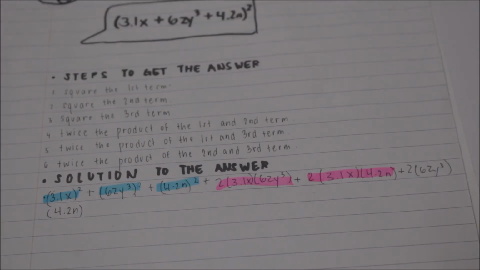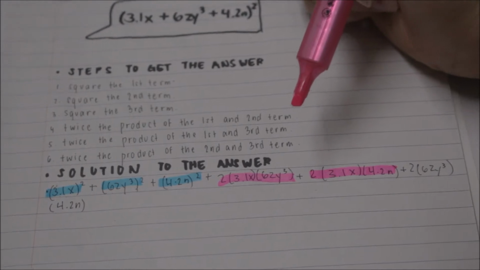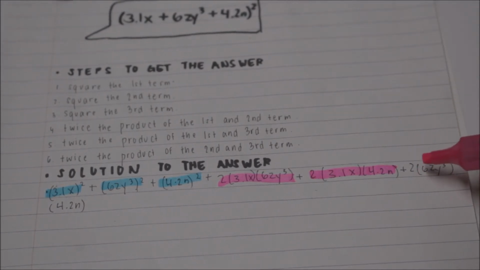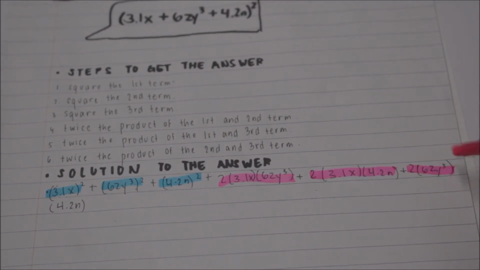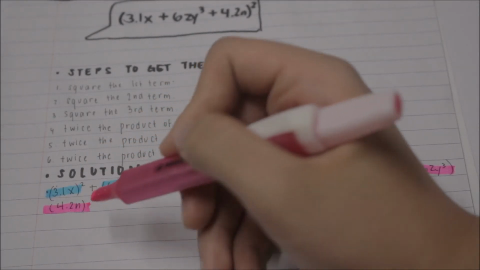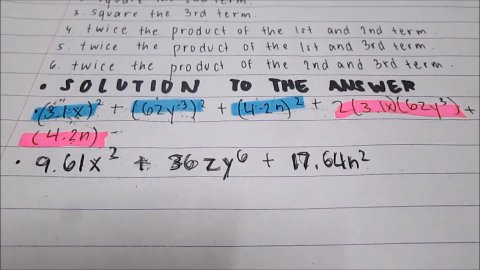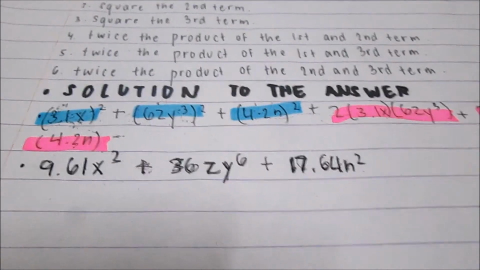For the last step, twice the product of the second and third term: the second term, 6zy³, and the third term, 4.2n. Since I have written it all, we just need to perform the squaring of the terms.